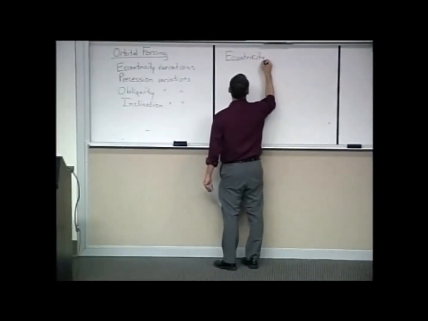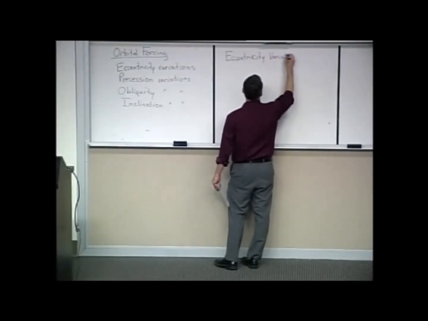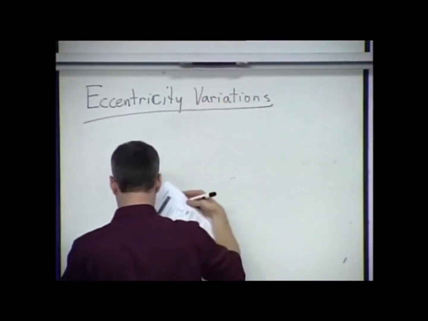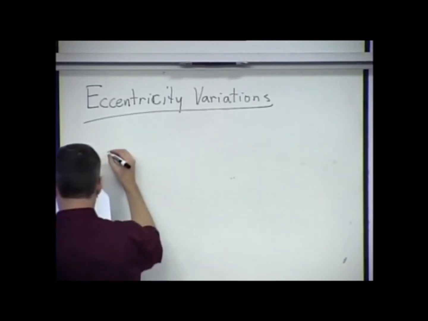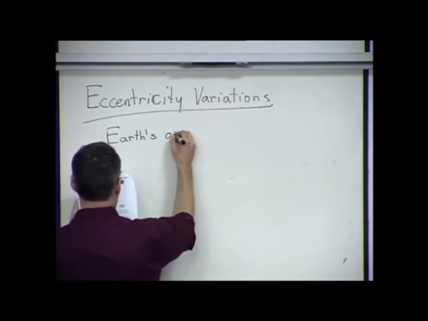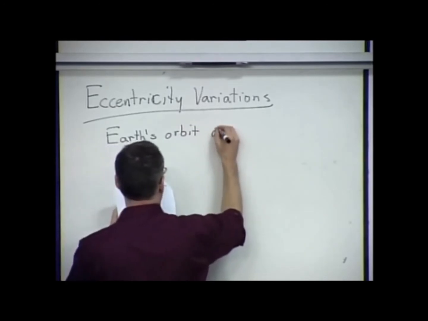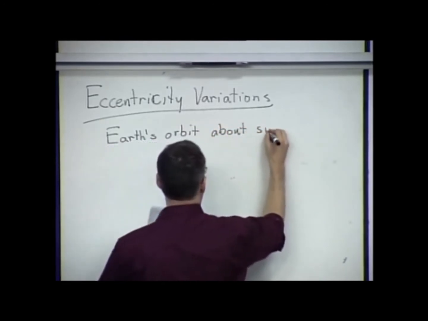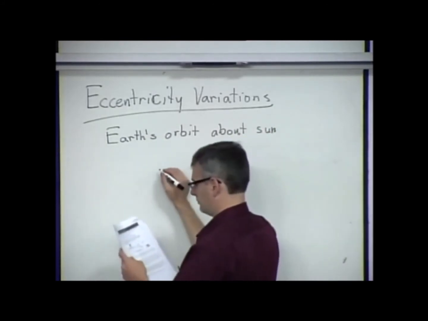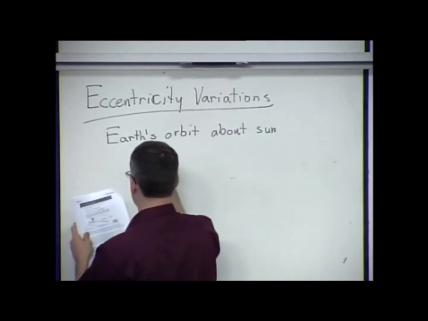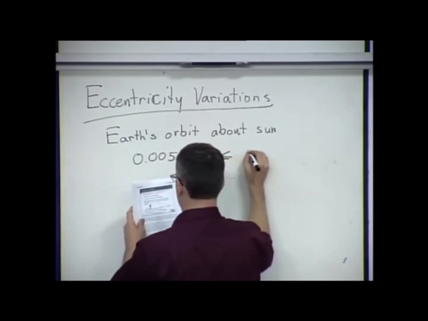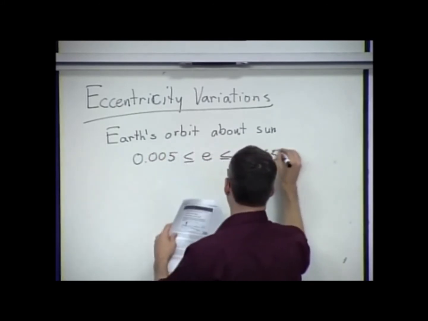Eccentricity variations. The Earth's orbit about the sun, over many, many cycles, thousands of cycles of years, will wobble between 0.005 and 0.058.